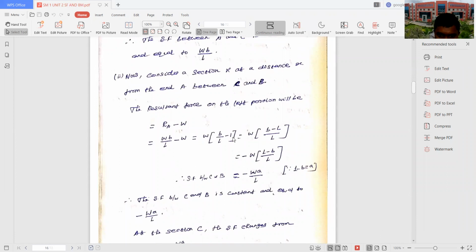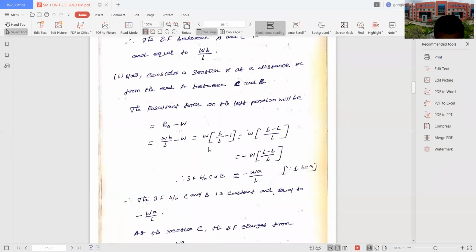So W into B minus L by L. So B minus L. Therefore, if you consider minus A outside, minus W into L minus B by L. So L minus B is small a, therefore minus WA by L. So shear force between C and B is minus WA by L.